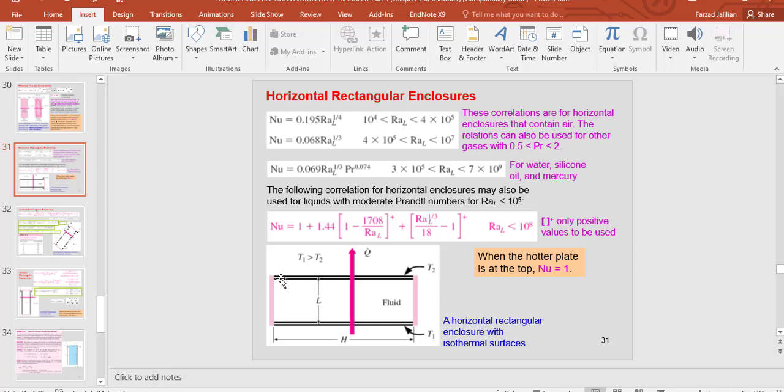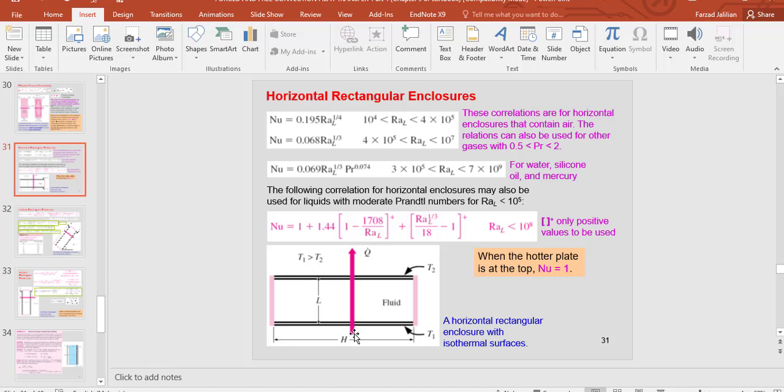The enclosure here is a horizontal rectangular enclosure, and it has two surfaces with different temperatures, and also the surfaces are isothermal, and the temperature of the bottom surface is higher than the top surface, T1 higher than T2.